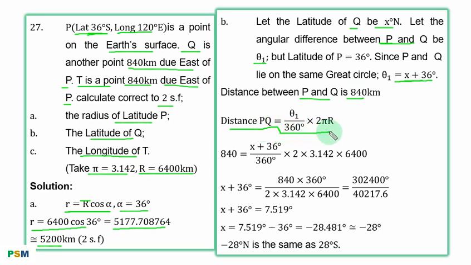The distance is given to be 840. This is the angular difference over 360 degrees times 2 times pi times radius of the earth.